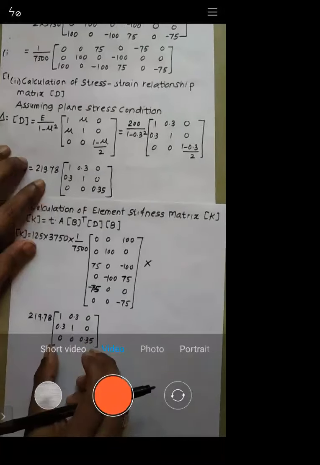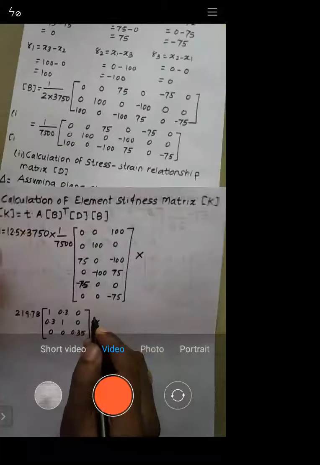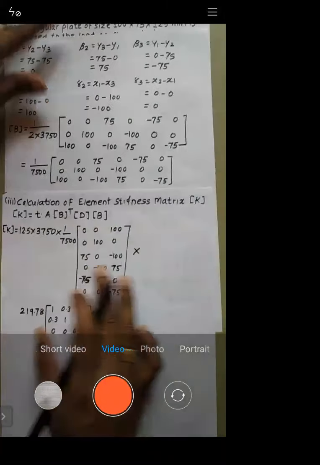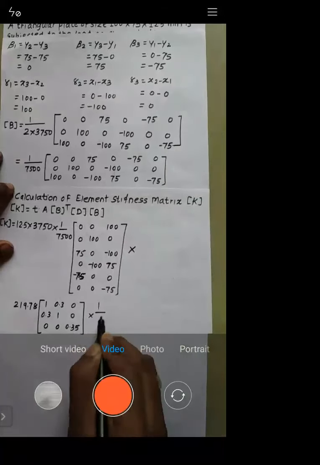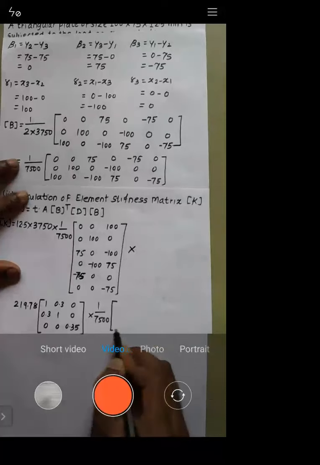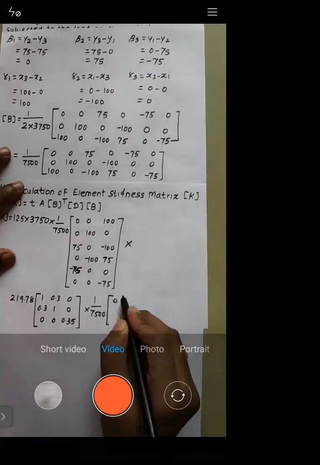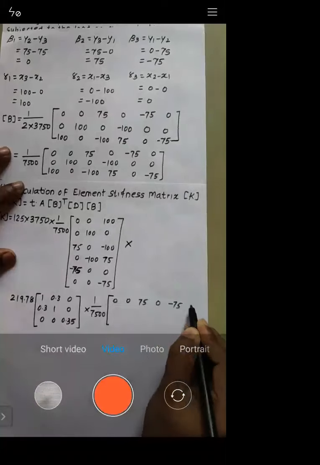This is D into B. So B I will again write down as it is. This is the matrix B, which I need to write down. So this is 1 divided by 7500 into 0, 0, 75, 0, minus 75, 0.